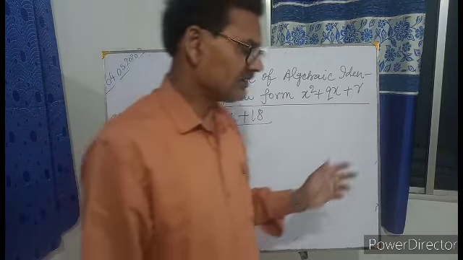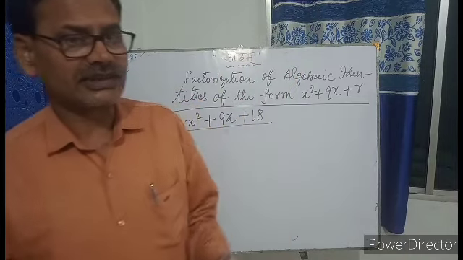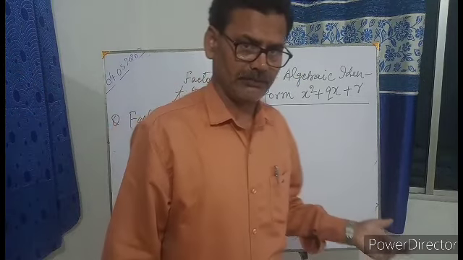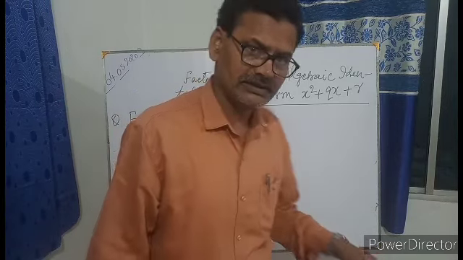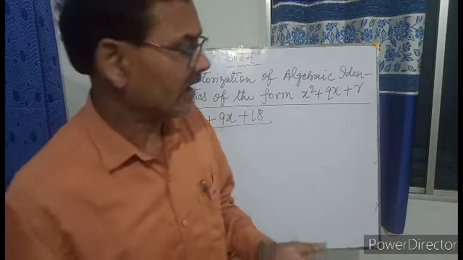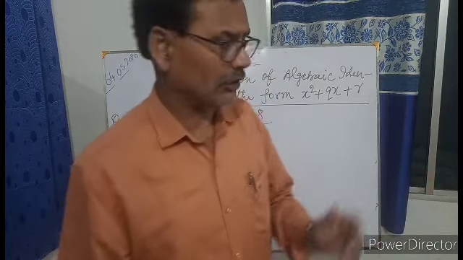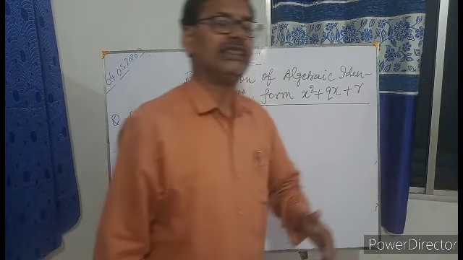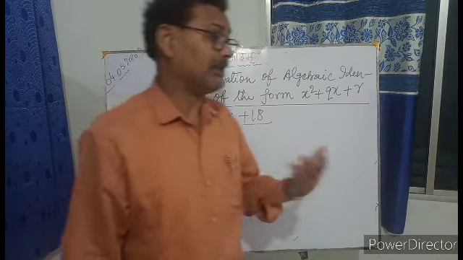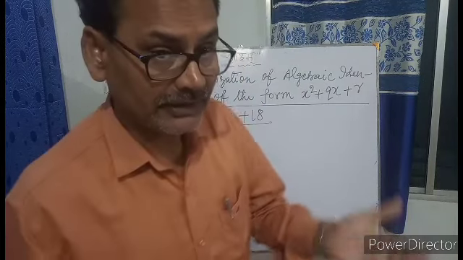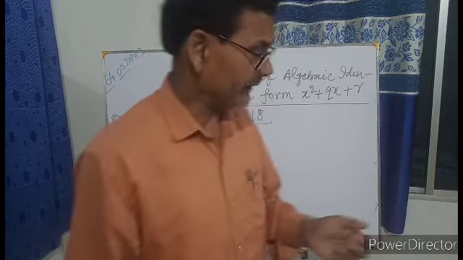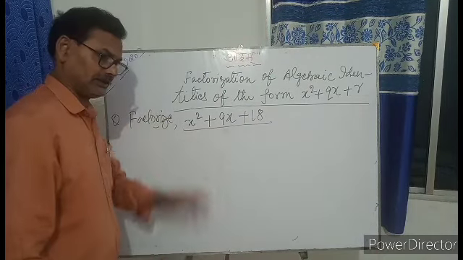And the other method is the splitting the middle term method, which is not in your syllabus. It is of the syllabus of class 10, but I will explain that method also, so that you may use either of the methods as per your convenience. Okay, so let us see the first method.